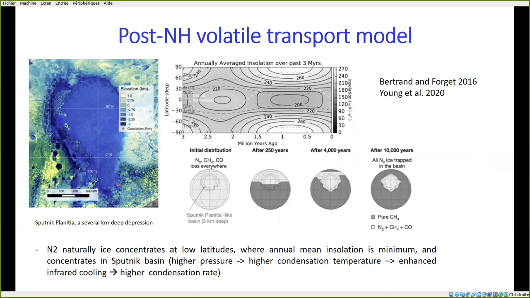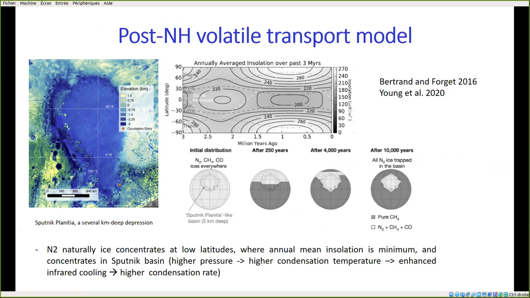The big discovery of New Horizons was that there is a depression with a depth of several kilometers. It's called Sputnik Planitia. It is filled with nitrogen ice. And this depression holds a nitrogen mass equivalent to a reservoir of hundreds of meters of ice.